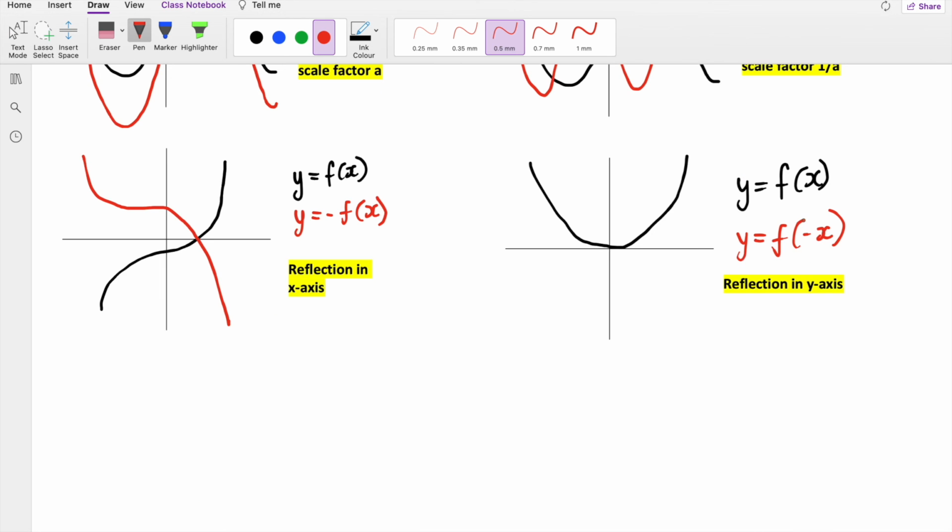If I only make the x value negative, so y equals f of minus x, that's going to be a reflection in the y-axis. So my graph would look something like that.